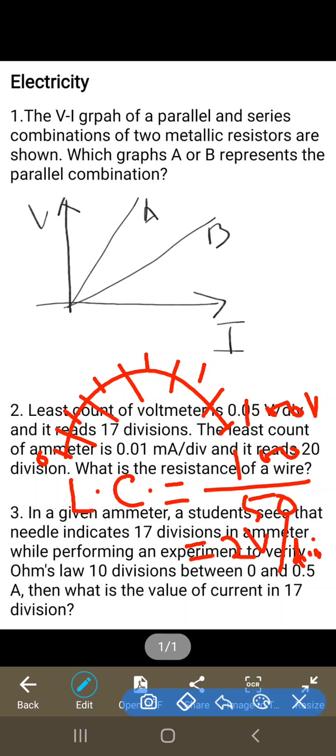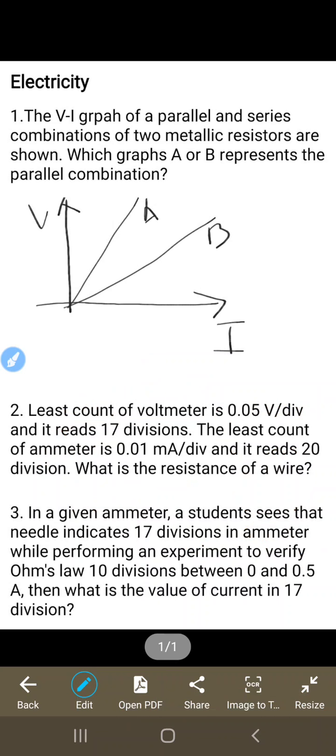So in this way, least count is defined as the total range of the voltmeter or ammeter value upon the total number of divisions. Here it is given the least count of the voltmeter is 0.05 volt per division and it reads 17 divisions.